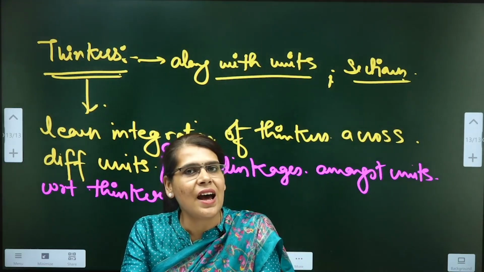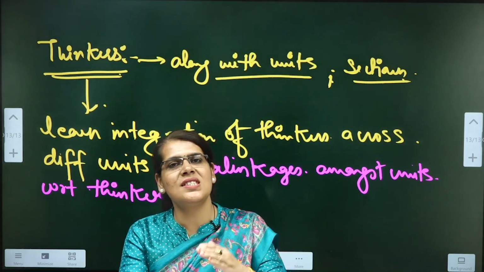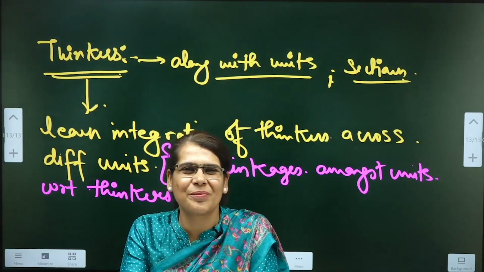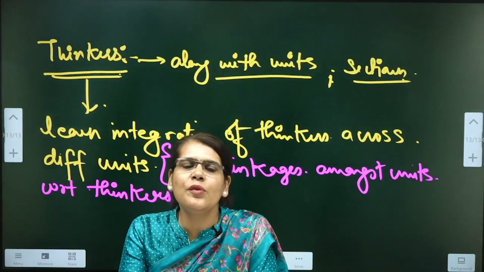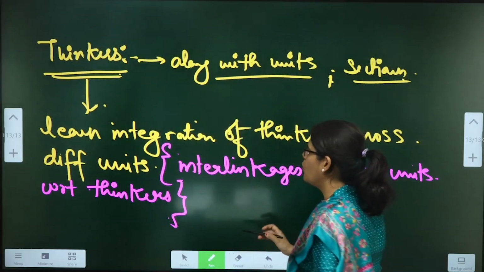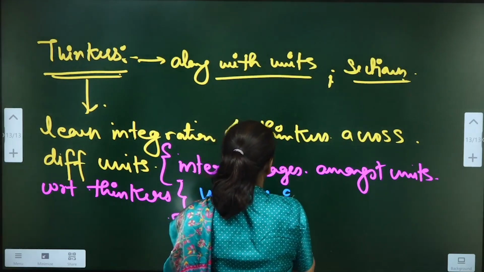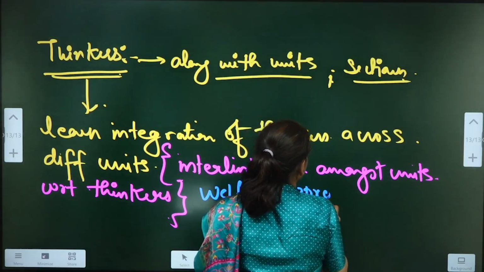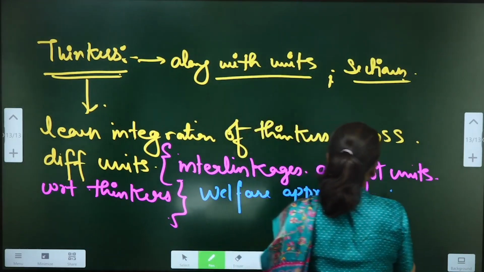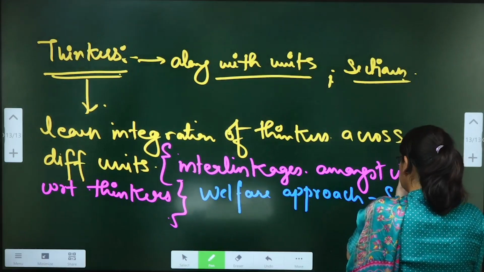Now the entire idea here, bacho, is that you must start developing interlinkages. So for example, if you study the concept around the welfare approach, you will learn about Smith.